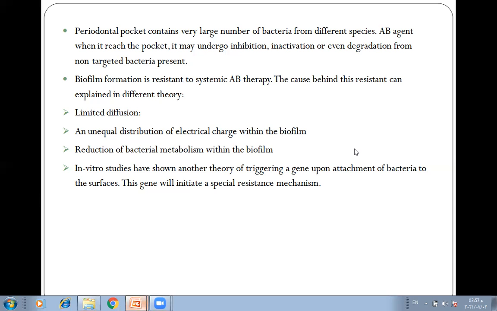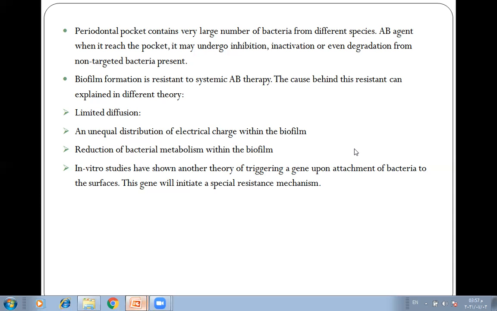Third, within the biofilm, because of limited nutrition, bacteria will reduce their metabolism as a way to survive in the community. Therefore, this might also affect the antibiotic agent's effectiveness.